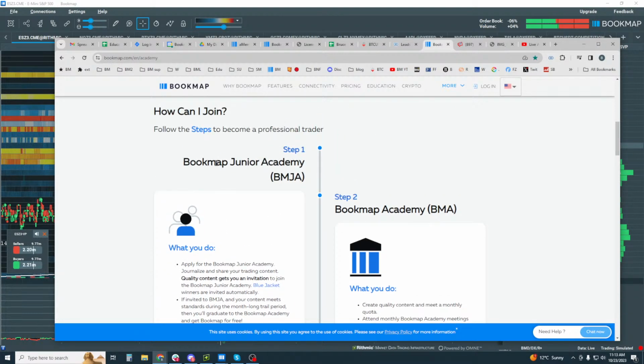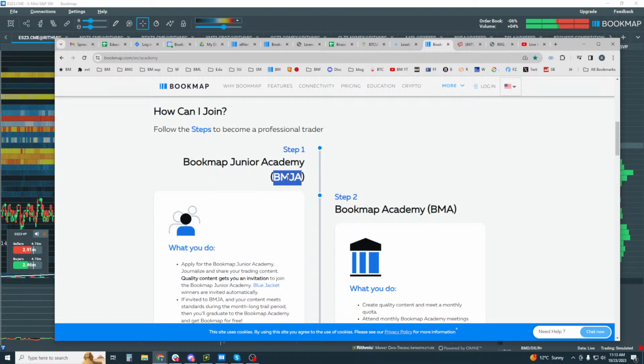If you get invited, and it's invite only, to the Bookmap Junior Academy, this is now you've crossed, you've given us your application. You've shown interest by documenting some of your trades, and then we need to evaluate: is it good stuff? Can we give you good feedback? Can you get better?